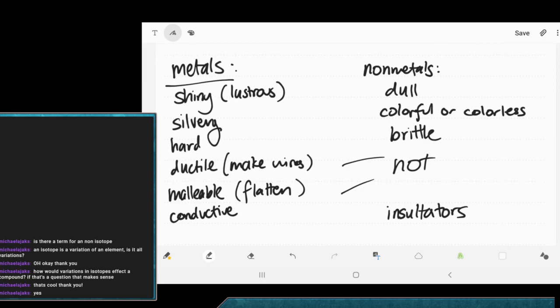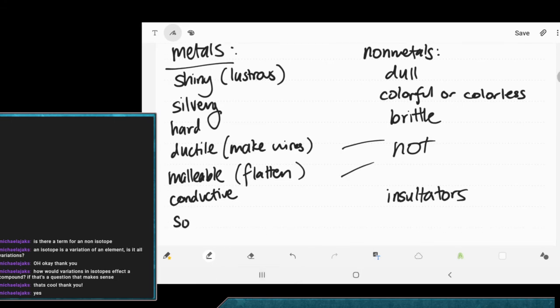Some nonmetals are like oxygen. Oxygen is blue. At least liquid oxygen is. These things are going to be kind of similar patterns here. Most metals are solids, with the exception of mercury.